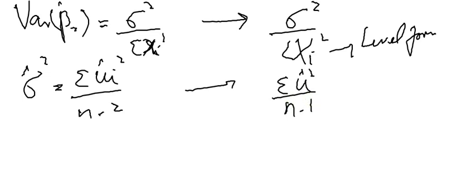So in case of degrees of freedom, we are taking n minus 1. What is the reason? The reason is that in regression through origin, we are assuming that alpha is equal to 0. It means only one restriction is imposed, that is beta 2. So that's why we are taking n minus 1.